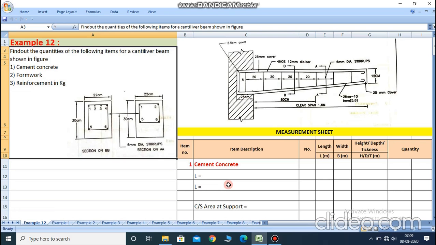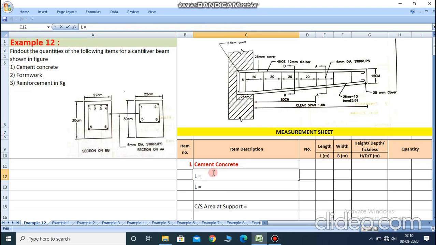Now let's start by finding the length of the cement concrete. Here the clear span is 1.6 meter, given in the cross section part. So total length is equal to 1.6 plus, for the supporting side, 25 centimeter extra length is fixed in the wall. 25 converted to meter is 0.25.